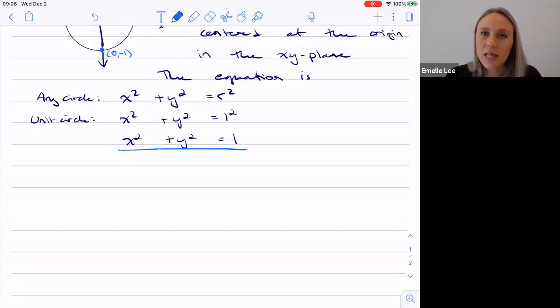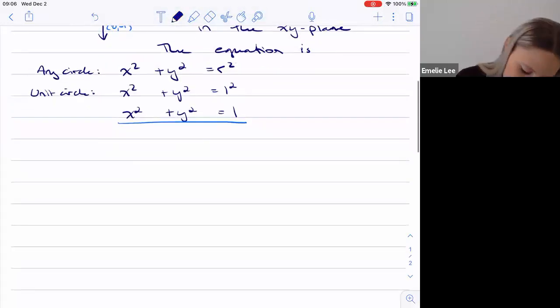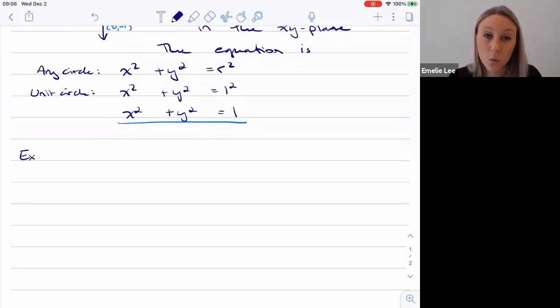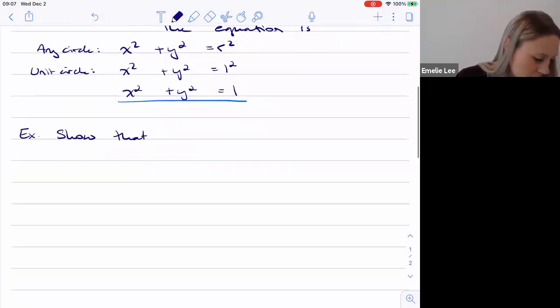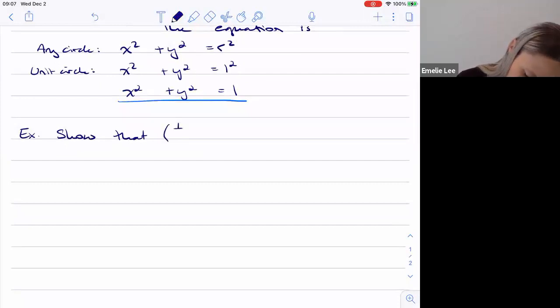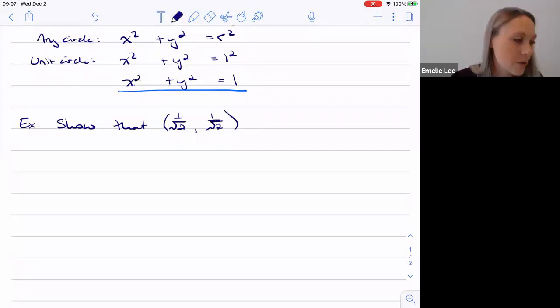So we can do things like show that points are on the unit circle. So let's do a quick example just using x squared plus y squared equals 1. Show that the point 1 over root 2, 1 over root 2 is on the unit circle.